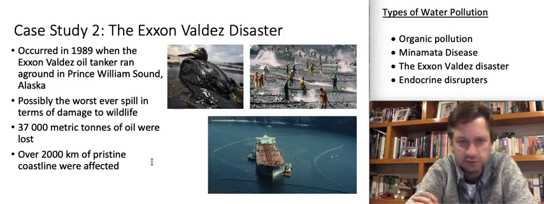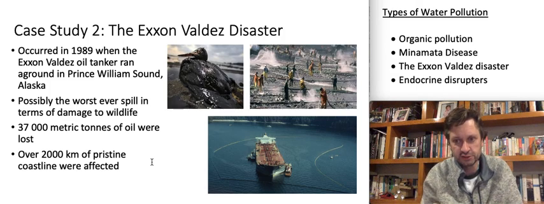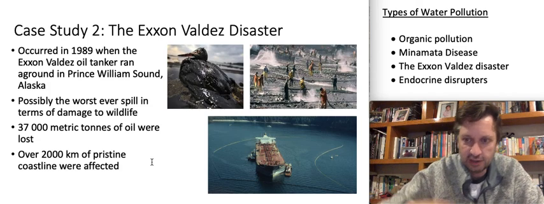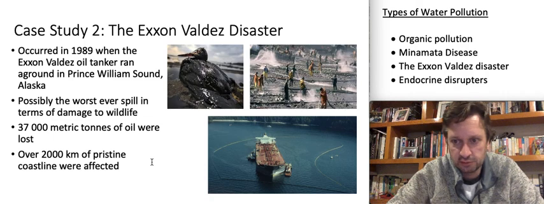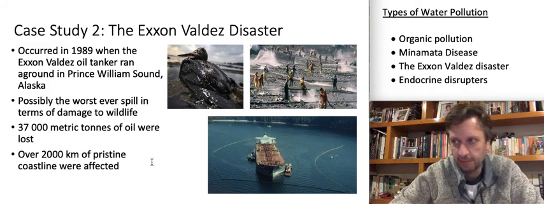When it got to Prince William Sound in Alaska, for a few reasons, the ship hit a reef and it was holed, and a lot of oil was released from the ship. I believe 11 million tons were released before it could be contained, and before they could basically plug the hole in the tanker.